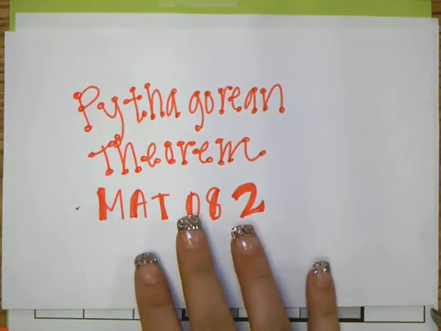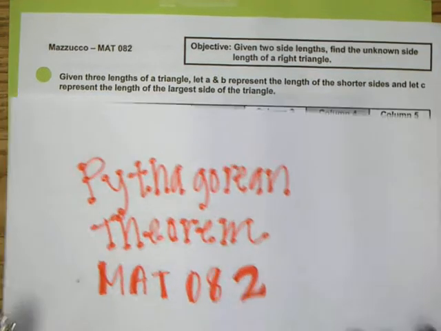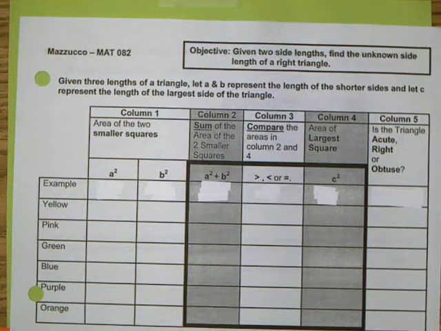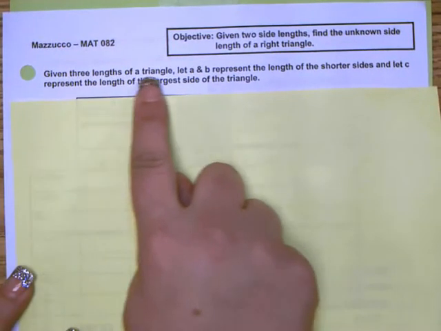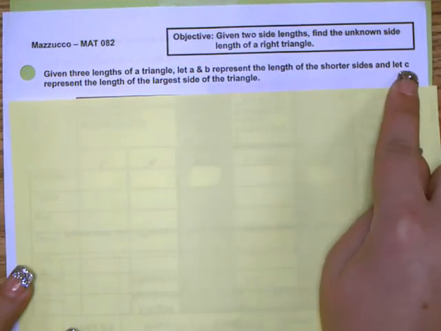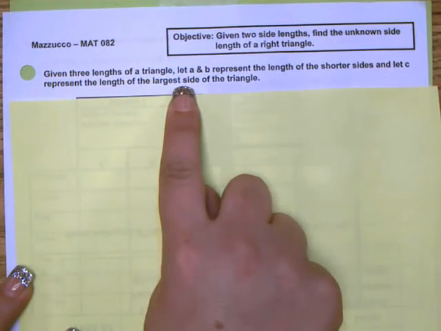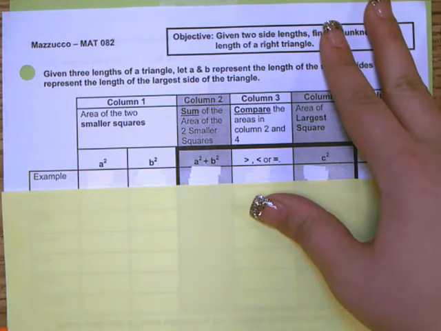Once you have formed your triangle, then let's go ahead and look at the handout that you were given. Given 3 lengths of a triangle, let A and B represent the length of the shorter sides, and let C represent the length of the larger side of the triangle.